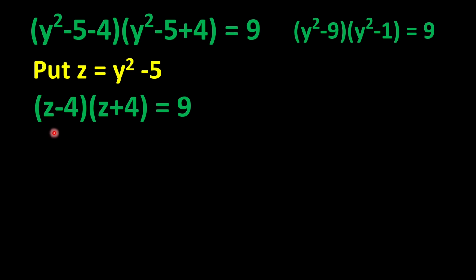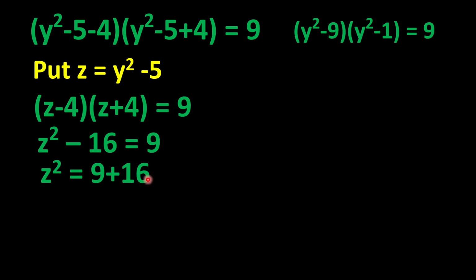So we apply the identity formula, and it will become z² - 4², and 4² is equal to 16, which is equal to 9. So now we have z² - 16 = 9, and we send this 16 to the other side of the equation. So this will become z² = 9+16, which is equal to 25.